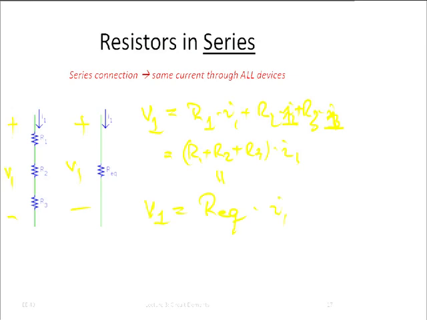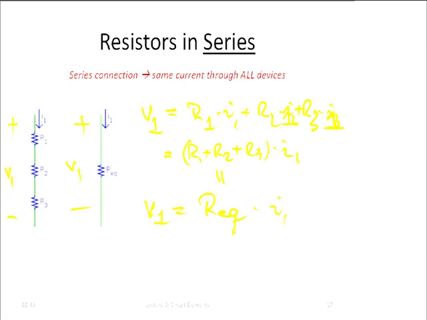In other words, if I choose that value for Req, I can simplify my circuit diagram by eliminating the 3 resistors and replacing them with just one single resistor, Req. The other important thing is that not only resistors, but components in general can be arranged in series with each other. Like here, we can see that they are in series. What does it formally mean?